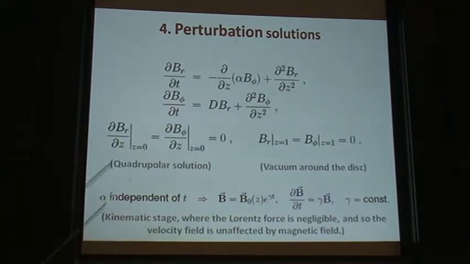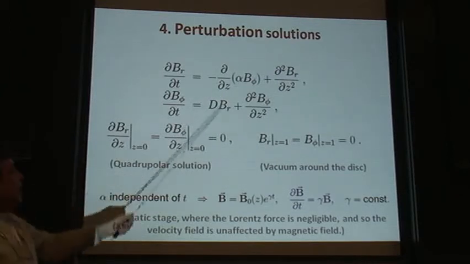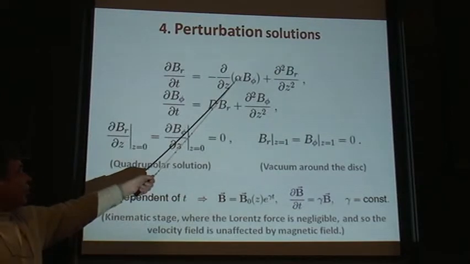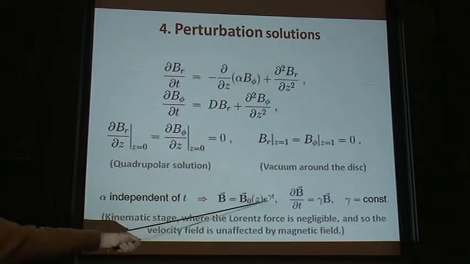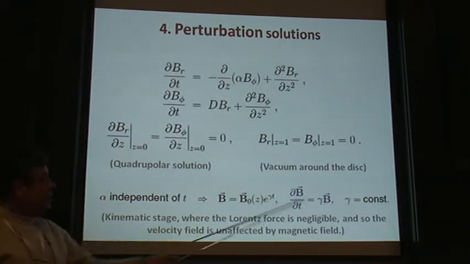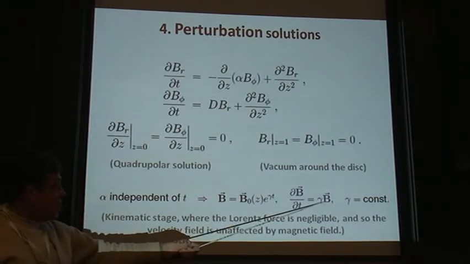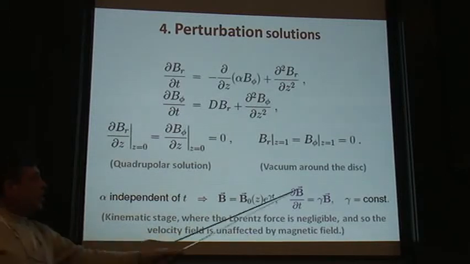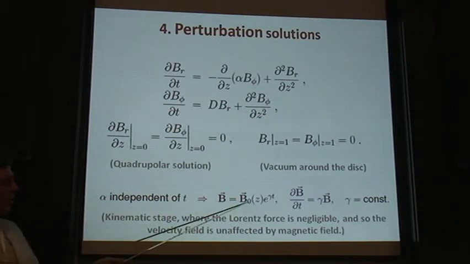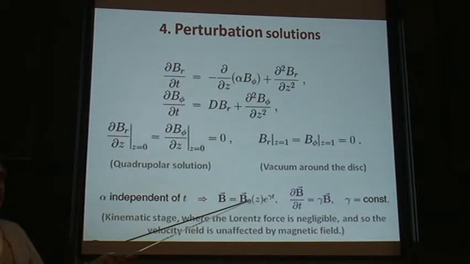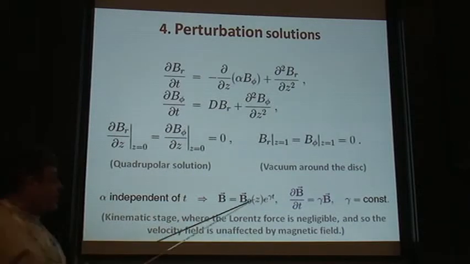So, I will consider the simplest case of these equations, where alpha is independent of time. Therefore, these equations possess solutions growing exponentially with time. So, dB by dt will be equal to gamma B, where B is a function of z alone. I will be systematically removing all extra zeros, overbars, and everything, just to make my notation as simple as I can.